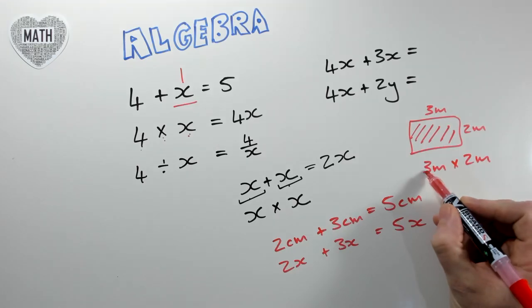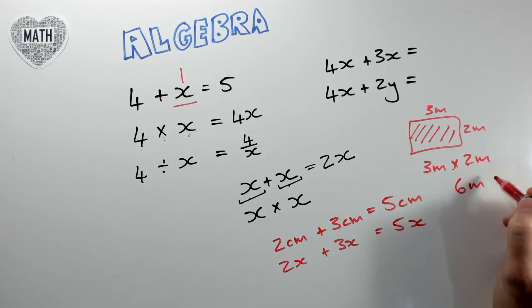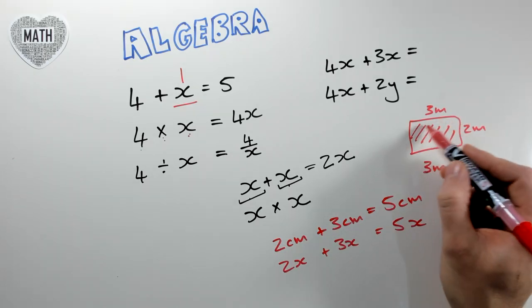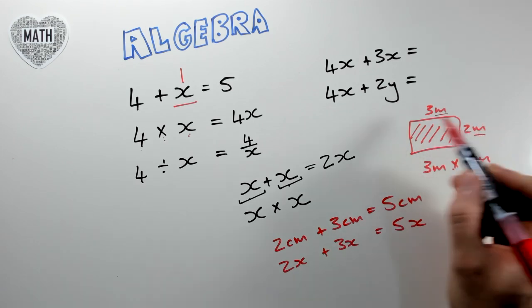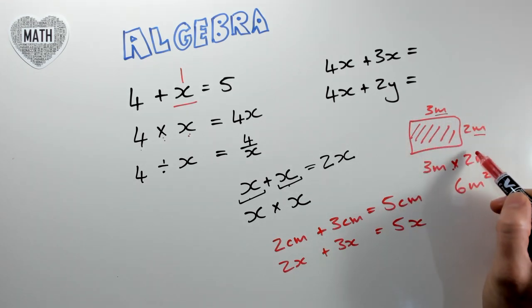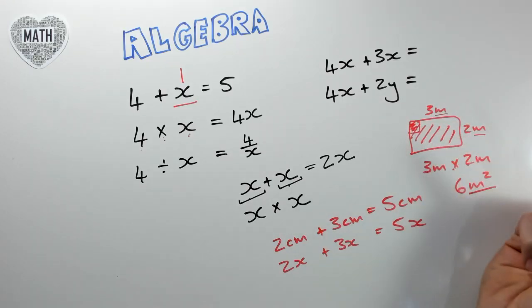I would do 3 times 2, which is 6. And my new unit is meters squared, because I'm working with a different unit now. I'm not working with meters, because meters is length. I'm actually working with square meters, and square meters are little blocks.